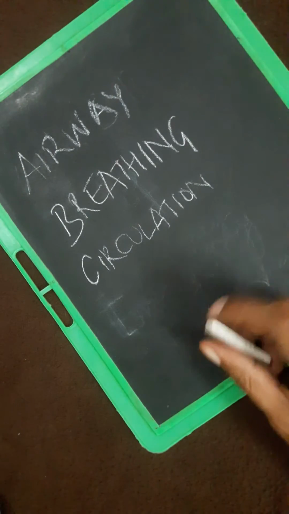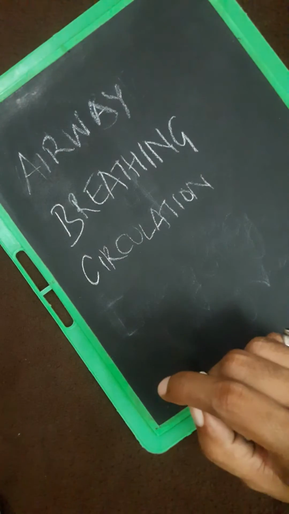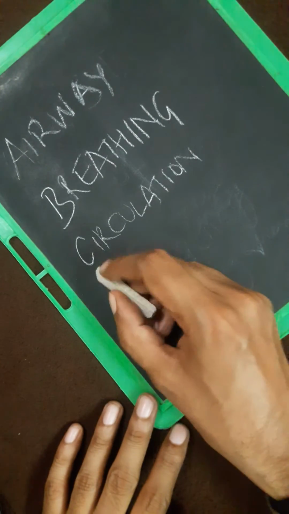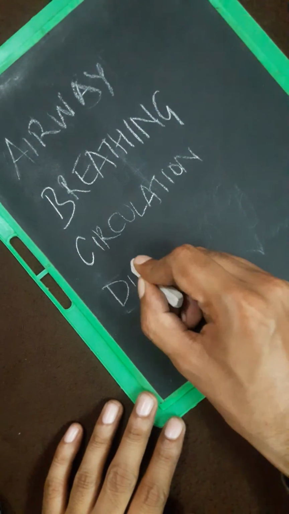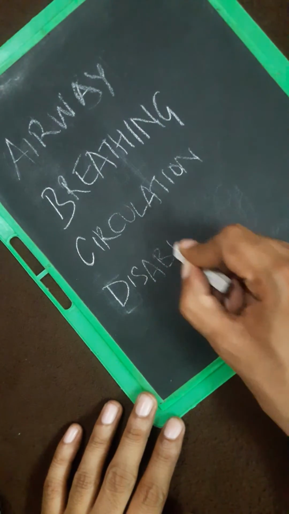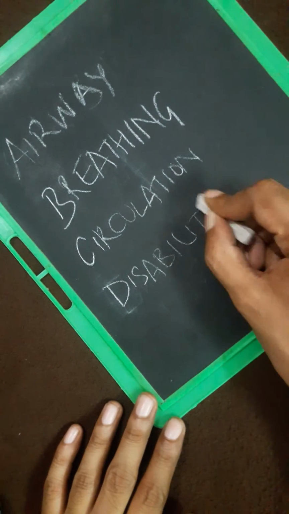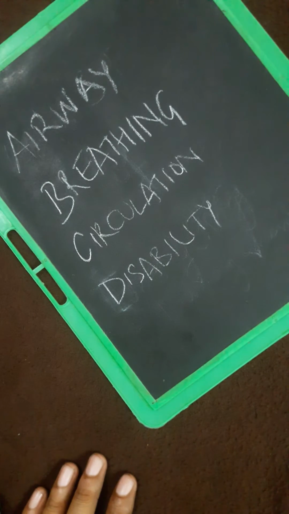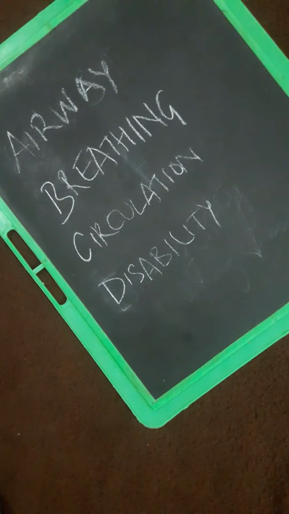So once we ensure that circulation is fine, we go to the D, that is disability. Now, is the patient conscious or unconscious?